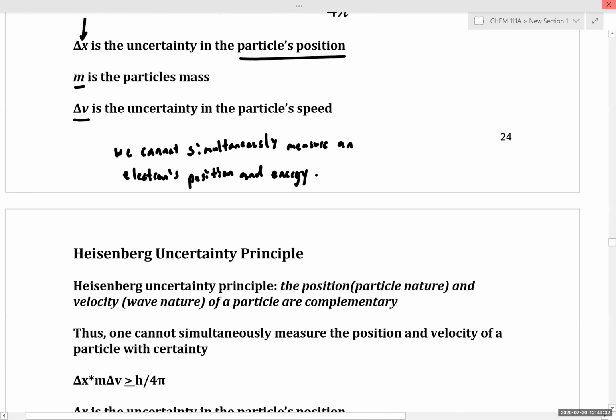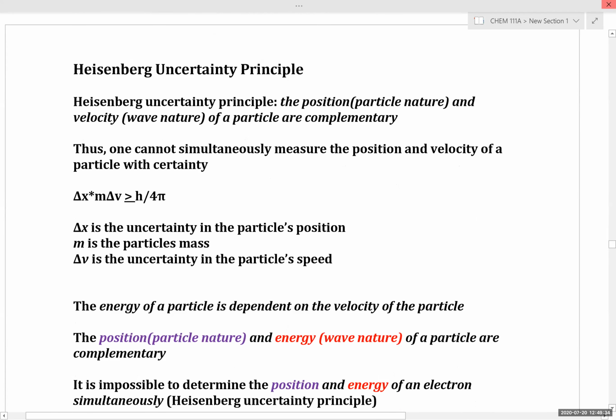So to delve into this uncertainty principle in more detail, it essentially is stating that the position, which is a descriptor of the particle nature, and the velocity, which is a description of the wave nature of a particle, are complementary. We cannot simultaneously measure the position and velocity of a particle with certainty.